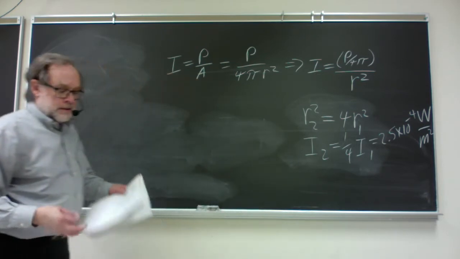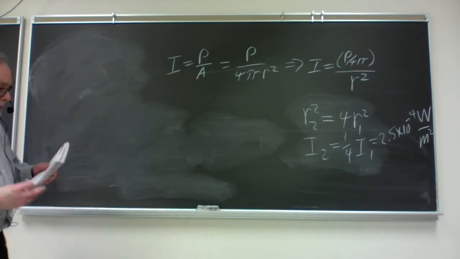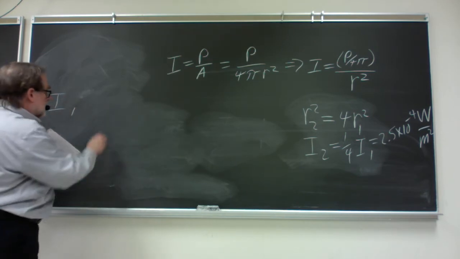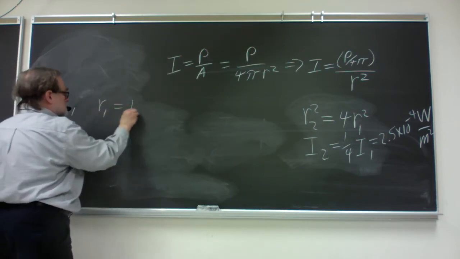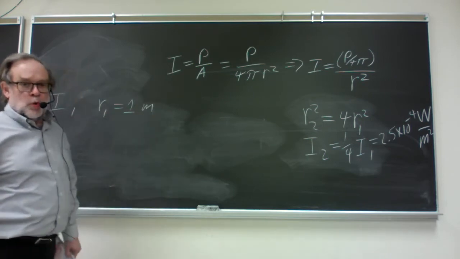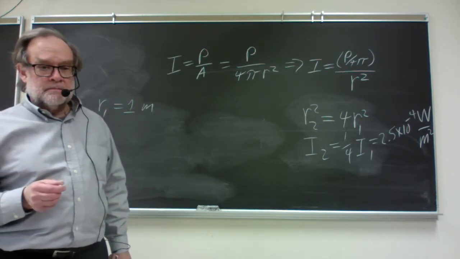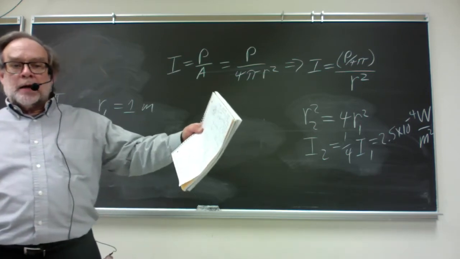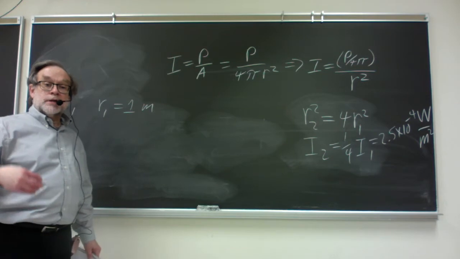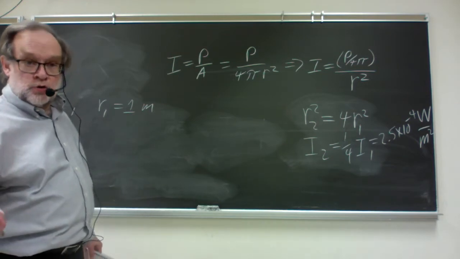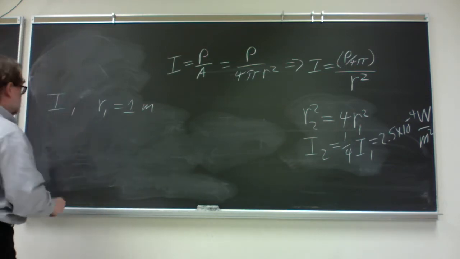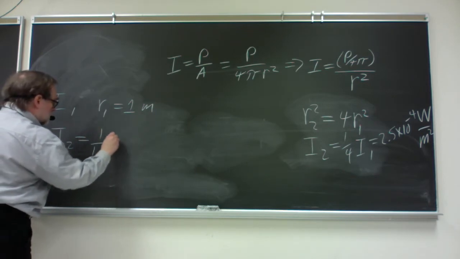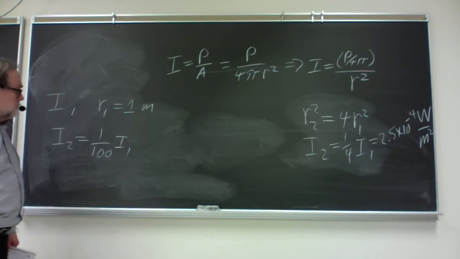So let's imagine you got some particular intensity when you're 1 meter away from the source, and now you move back to a point where now the intensity is only 1/100th of what it had been. So that is, the new intensity is 1/100th of the old intensity.